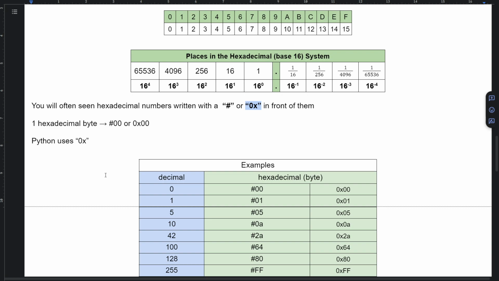And we need some way to distinguish between the two. So these are both the same number here, 00 or 0x00. Now Python uses 0x, and since we've been working in Python in class, I plan on using Python depictions here. But I do want you to know about the other way as well, because you will see them occasionally.